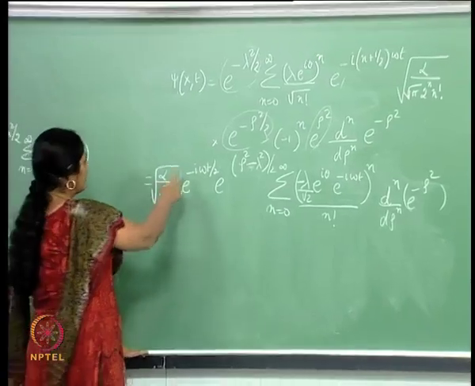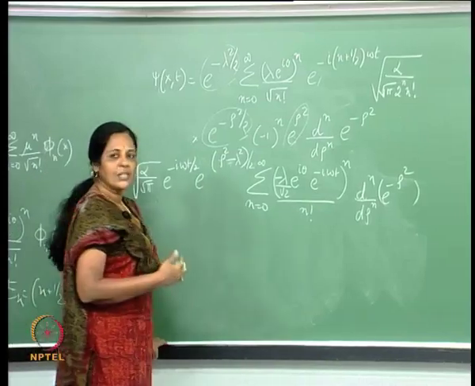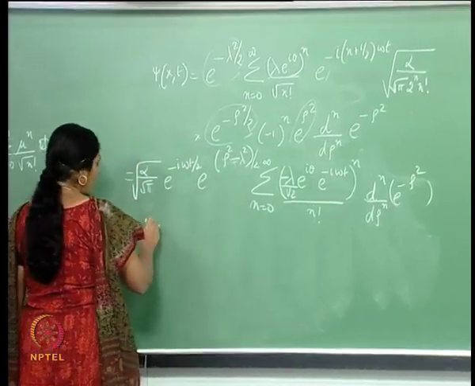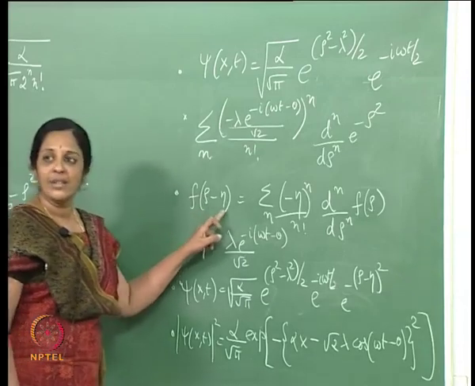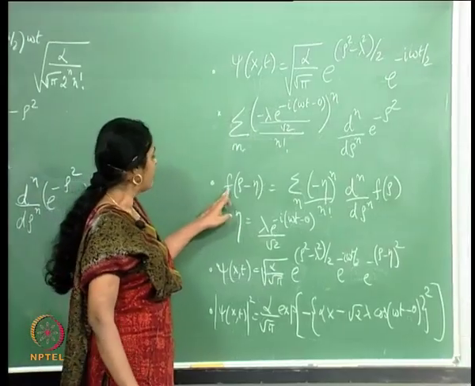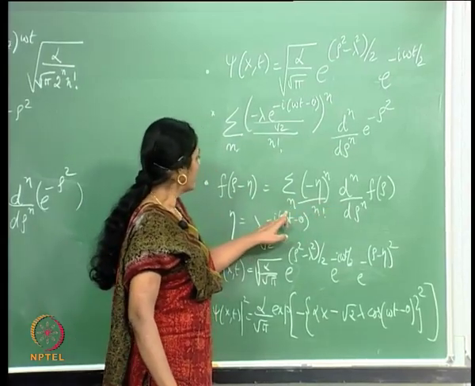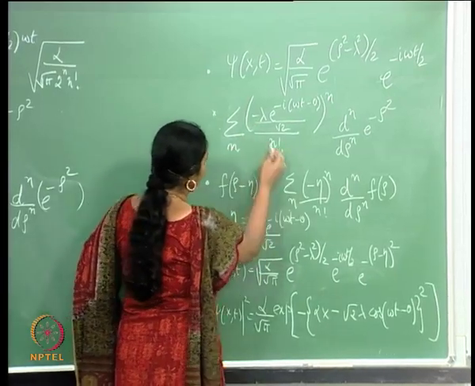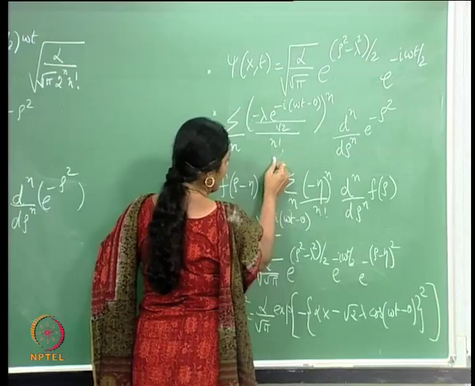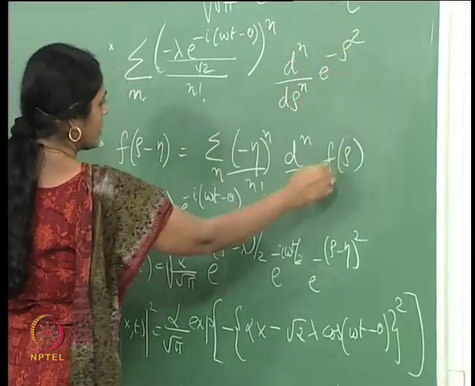But you compare this expression for psi of x,t with the Taylor expansion for f of rho minus eta. You can Taylor expand, write a Taylor series for any function of rho minus eta in this fashion. So if you compare with whatever you have here, there is a summation over n, minus eta to the n by n factorial, d n by d rho n, e to the minus rho squared.